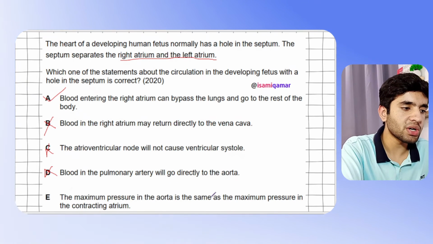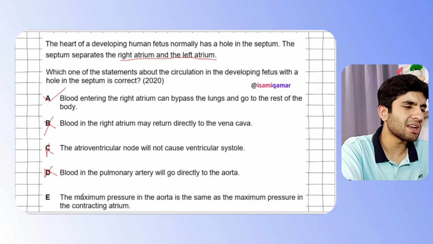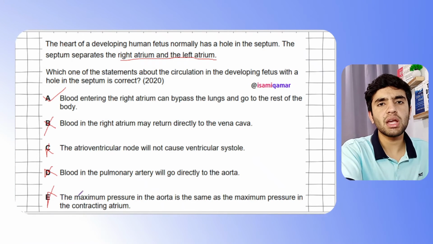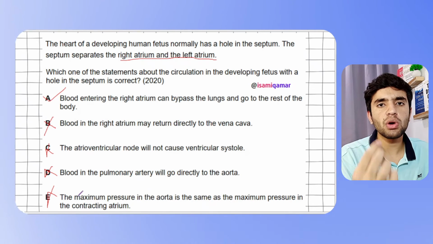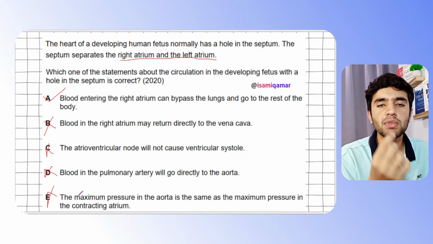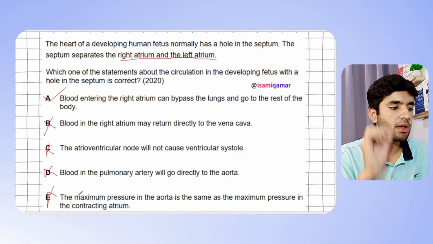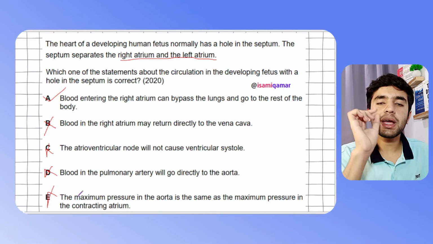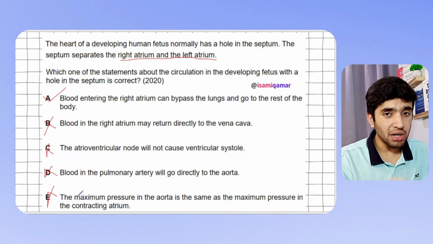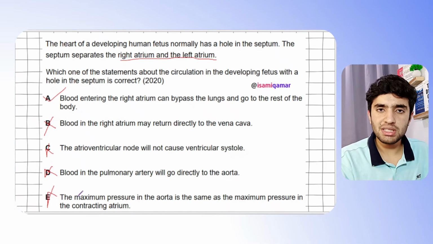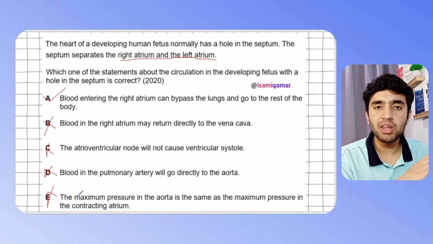The maximum pressure in the aorta is the same as the maximum pressure in the contracting atrium. This is not true, and here is a hint you should remember for the rest of your life: pressure in the atria is very low compared to the aorta or ventricle. Just remember that there is a very huge difference.